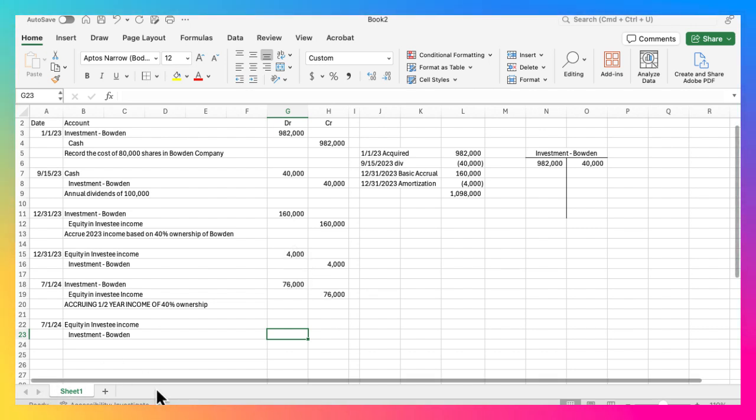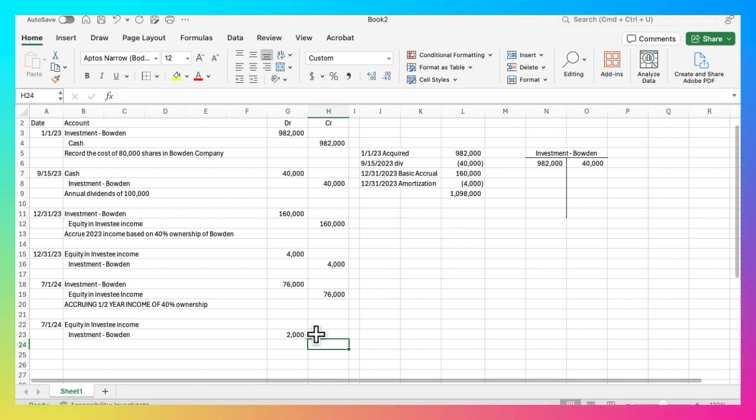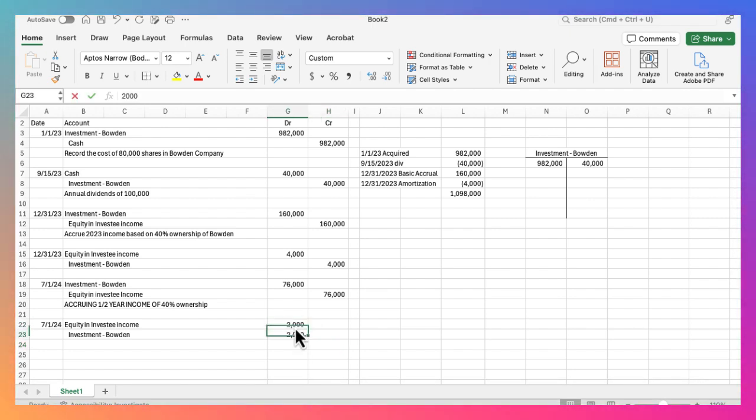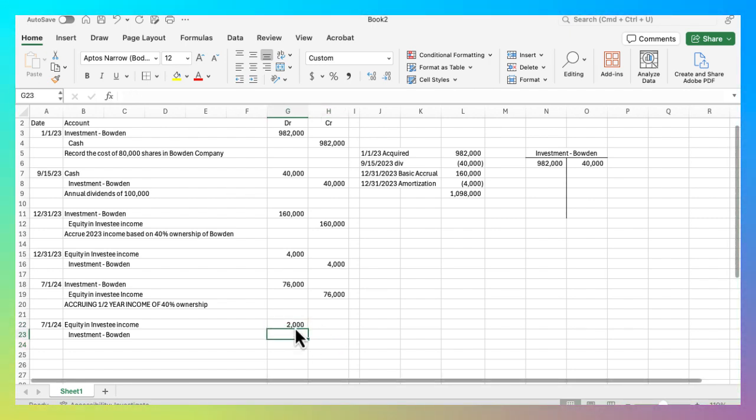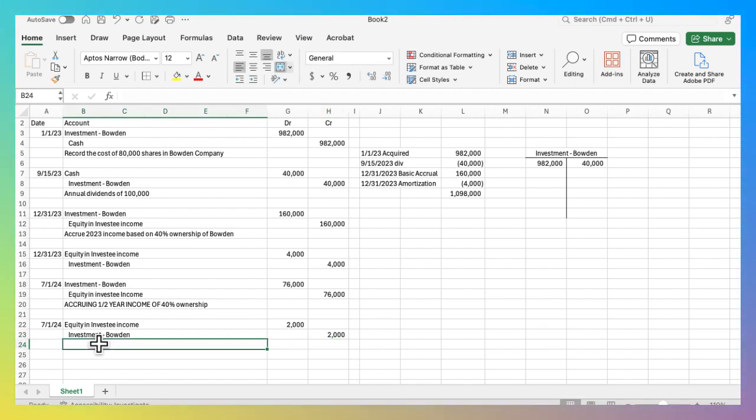Well, we only get to take 1/2 a year, so it's going to be 2,000. There we go. And again, what is this? To record half-year amortization.